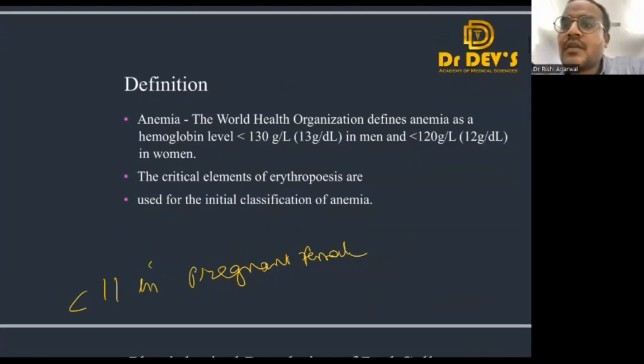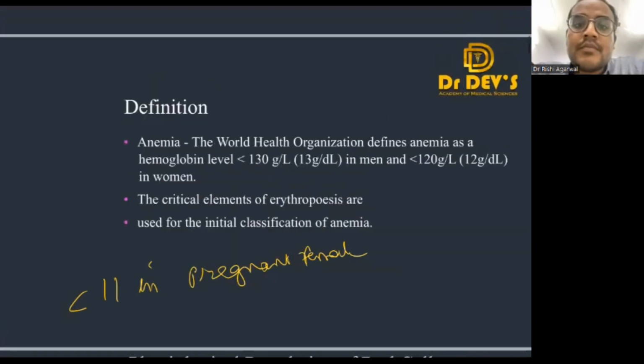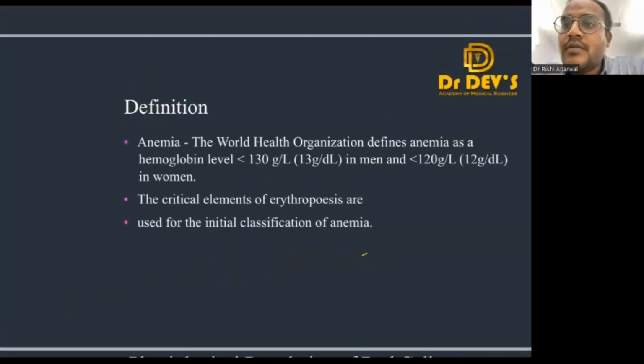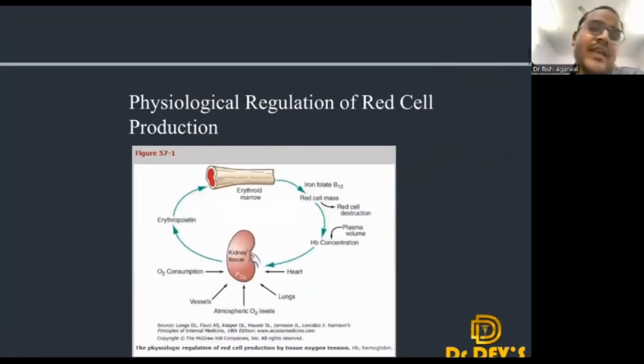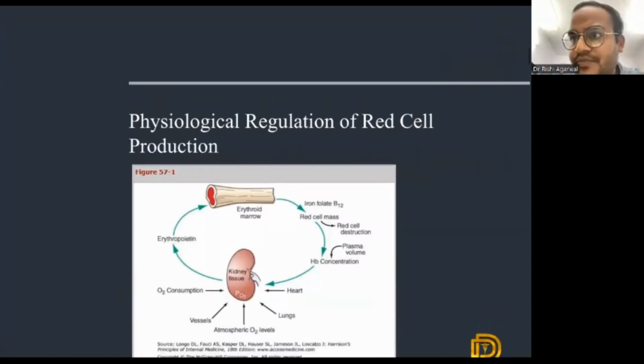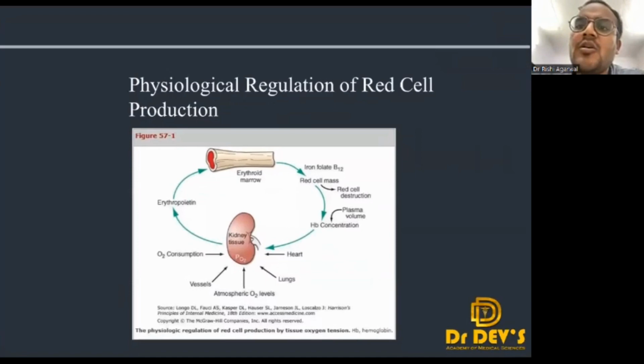Now we will go below. What is the physiological regulation of red cell production? When there is anemia, the marrow will try to compensate by producing more and more red cells, because the production of red cell mass is dependent on erythropoietin.